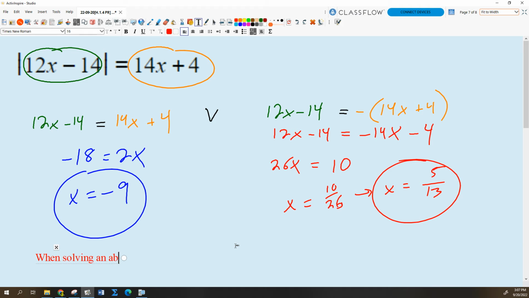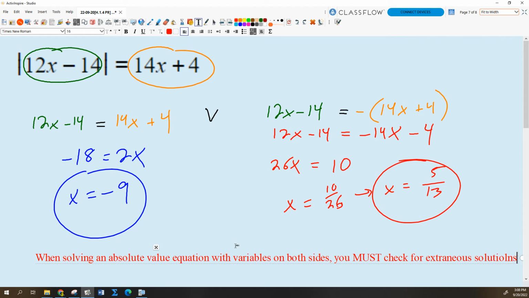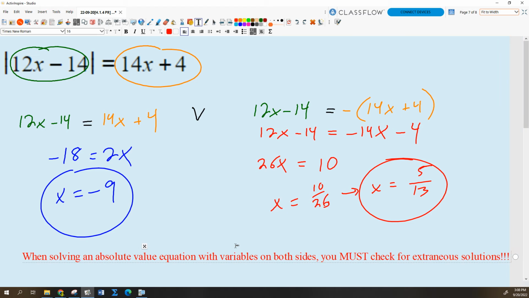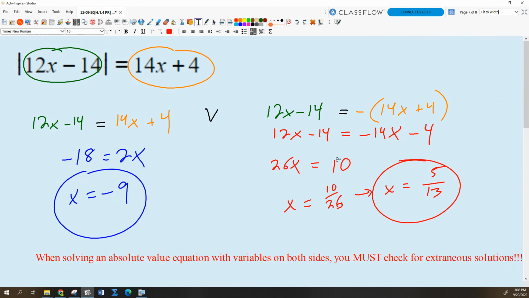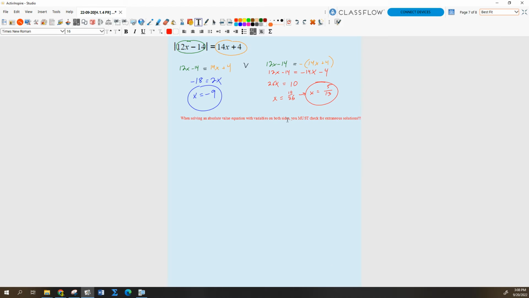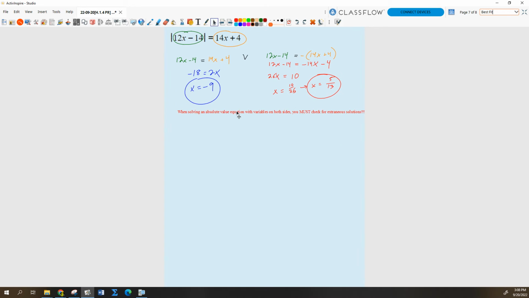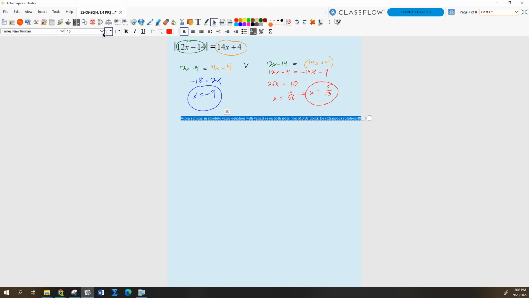When solving an absolute value equation with variables on both sides, let's make that a little bigger.